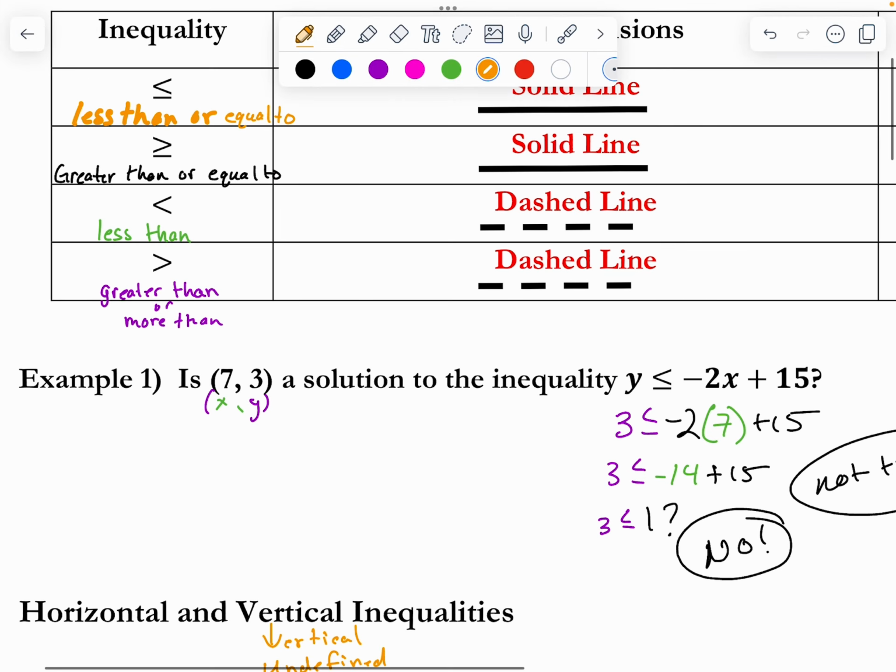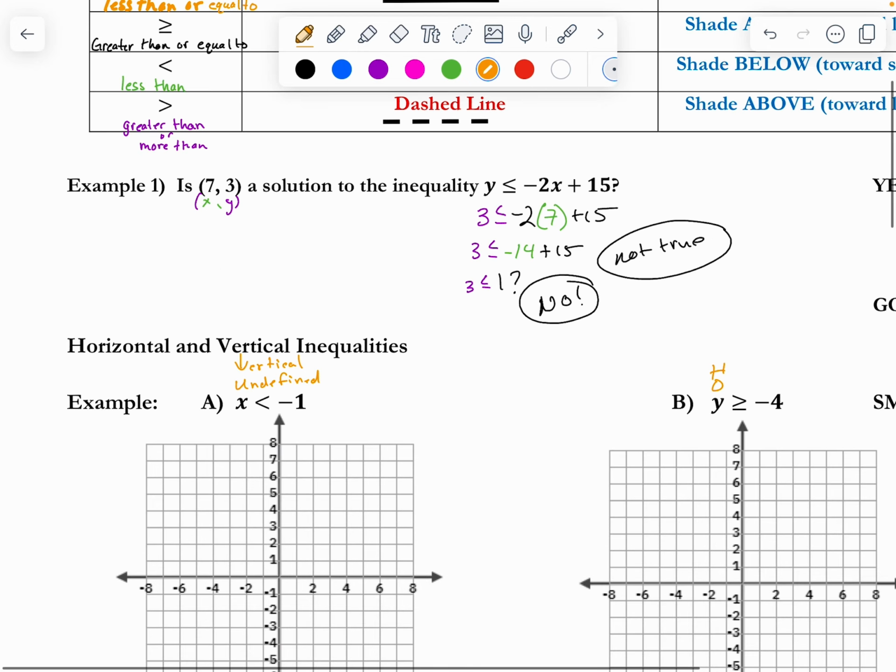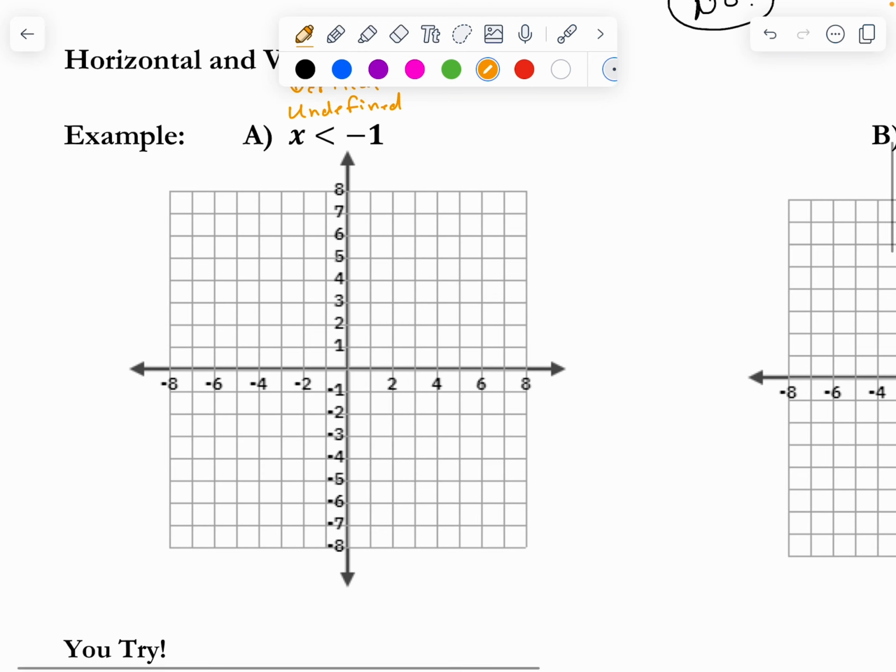So we were going to have dashed lines, right? Dashed lines. So here, I'm going to make my point, and you can make an open circle if you want. It doesn't really matter. I don't think I'm going to check for the circles anyway. So my point here is going to be at -1. And now we're just going to make a vertical line on through x equals -1.